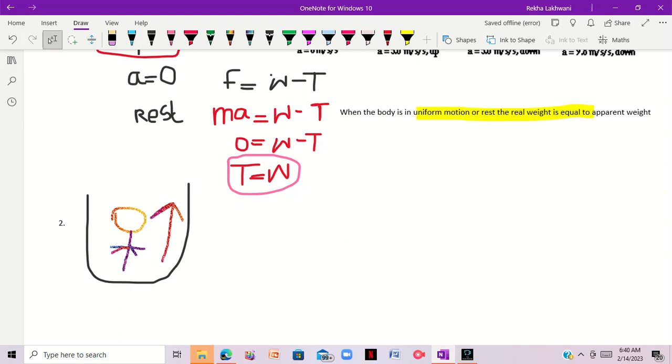So we can easily write here force is equal to tension minus weight. Basically here acceleration is not equal to 0, right? So this is force. Force is equal to ma, and tension will remain the same, and W will become mg.